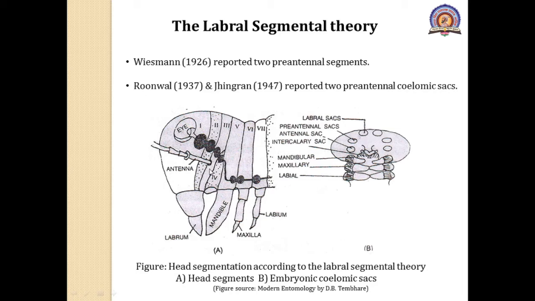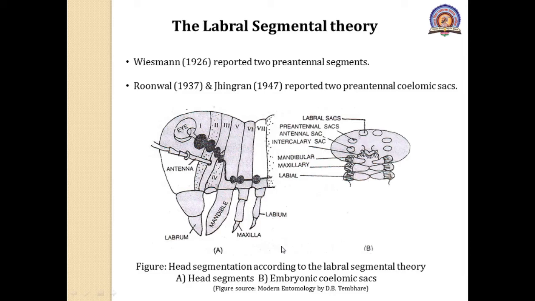Third one is the antennal segment. Fourth one is the intercalary segment, which again does not have any kind of appendage in the adult condition. And obviously there is no controversy regarding the gnathocephalon, which consists of 3 segments: mandibular, maxillary and labial segment.